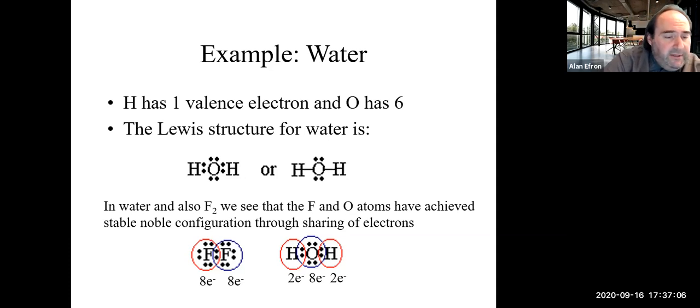By sharing those, as we can see on the bottom right there, the oxygen is able to get to the 8 electrons that it needs, while each of the hydrogens again gets to 2 electrons. And as I just talked about, that's enough to get hydrogen to helium's configuration and be happy. And again, the oxygen is able to gain those electrons and get basically to neon's configuration, a noble gas configuration.